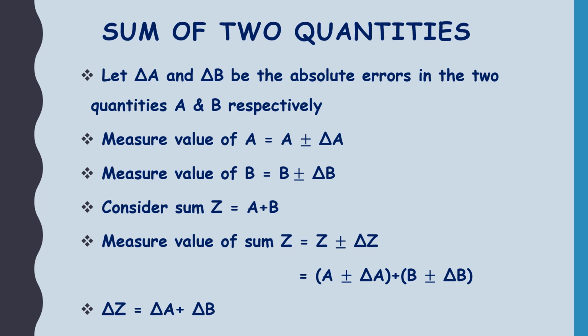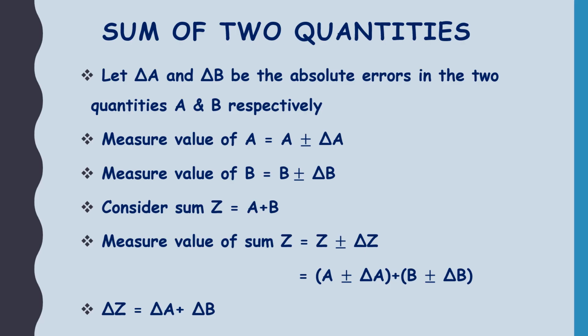Now the sum can be written as Z is equal to A plus B. A plus B is the measured value of A plus the measured value of B. If you add these values, the measured value of A plus the measured value of B, what will you get?